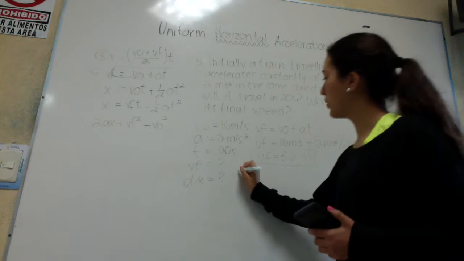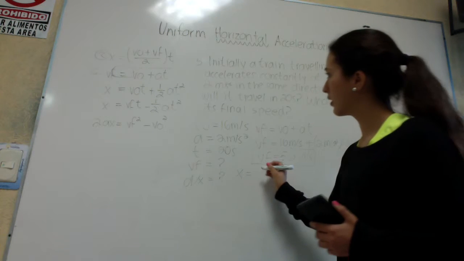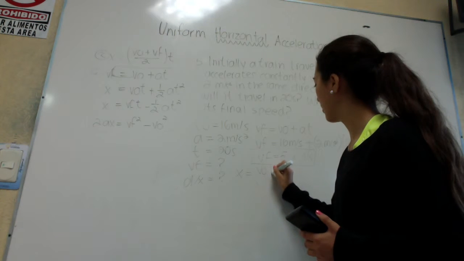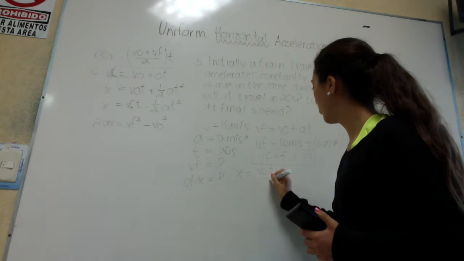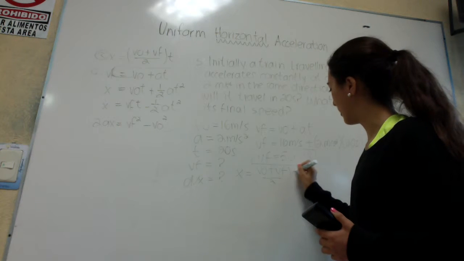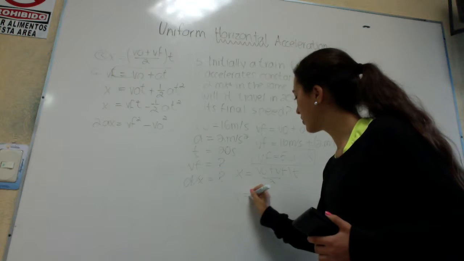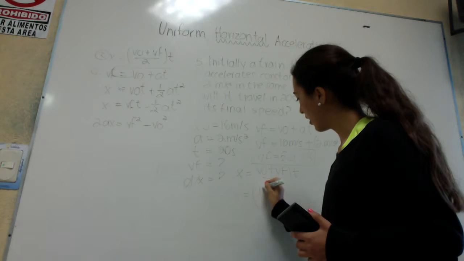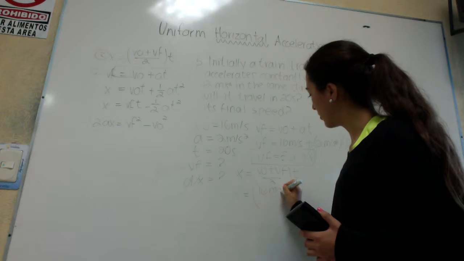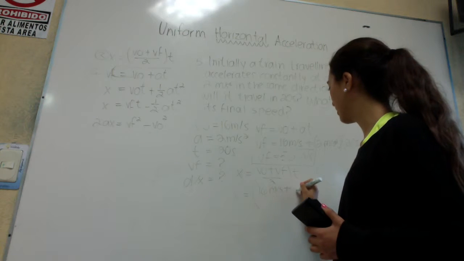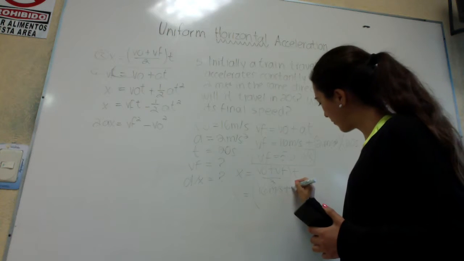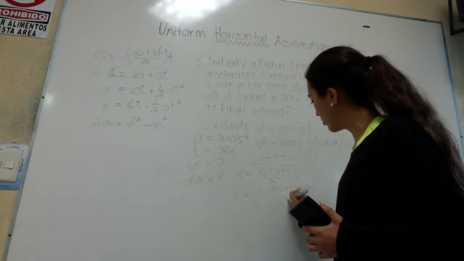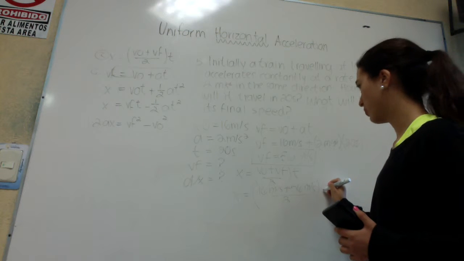And then we need the distance. That will be initial velocity plus final velocity over 2, times time. So this is going to be initial velocity of 16 meters per second plus final velocity of 56 meters per second, over 2, times 20 seconds.